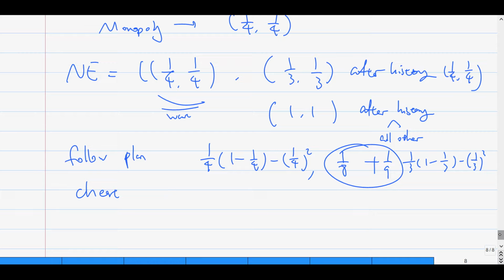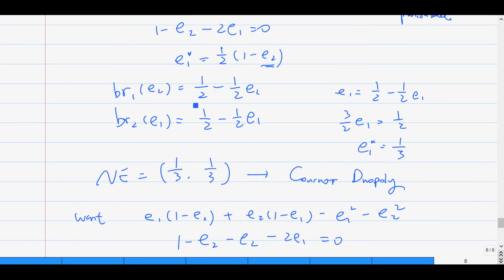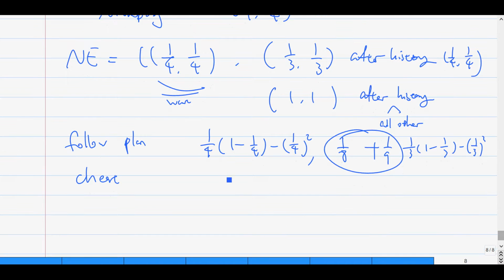If I cheat, how am I going to cheat? In the first round, I'll use my best response. Given the other guy is choosing 1 over 4, what's my best response? It's 1 over 2 minus 1 over 8, which is 3 over 8. So I will cheat by doing 3 over 8 in the first round.